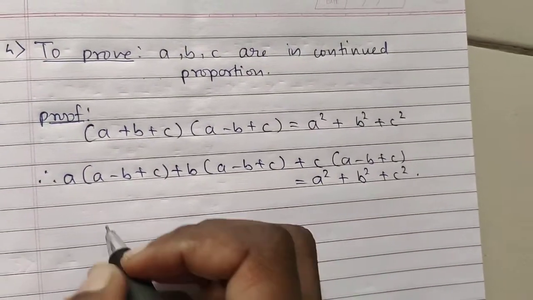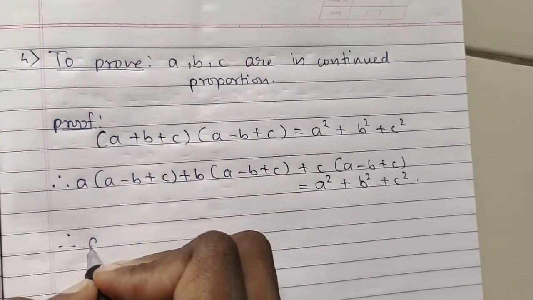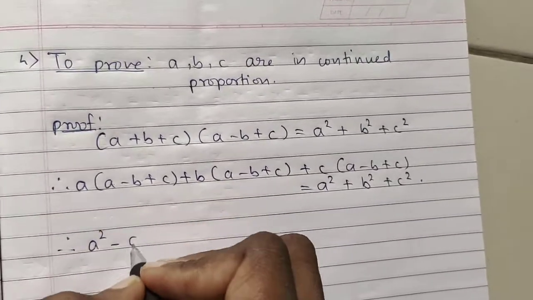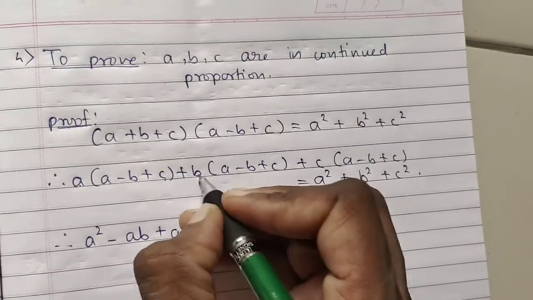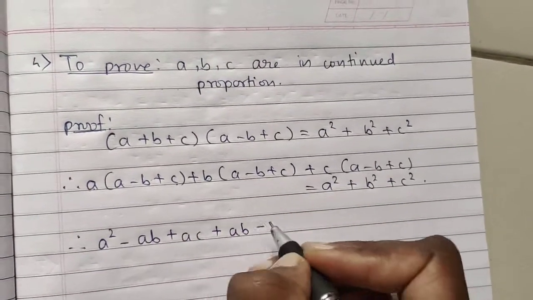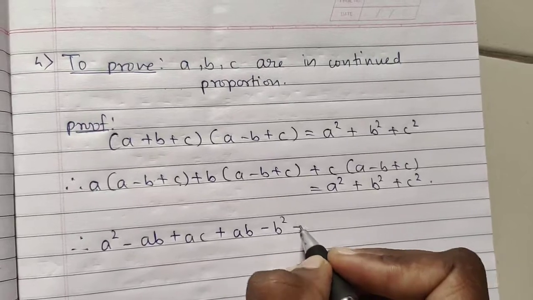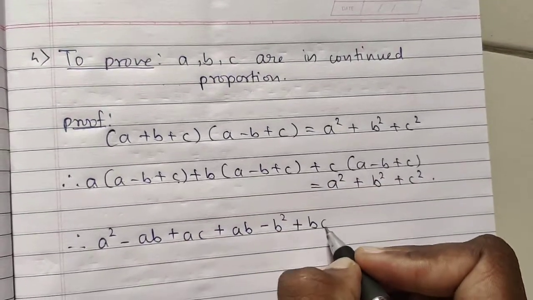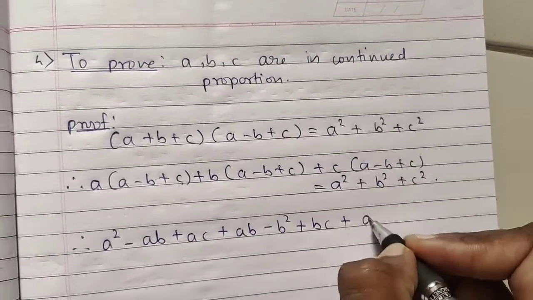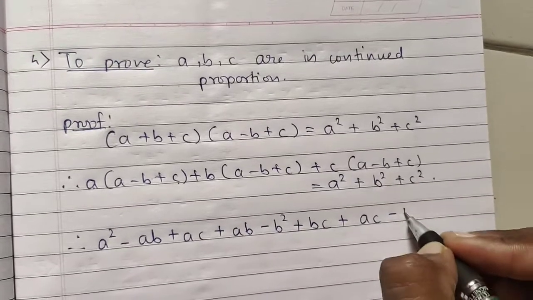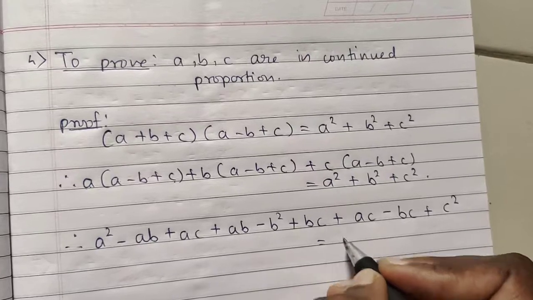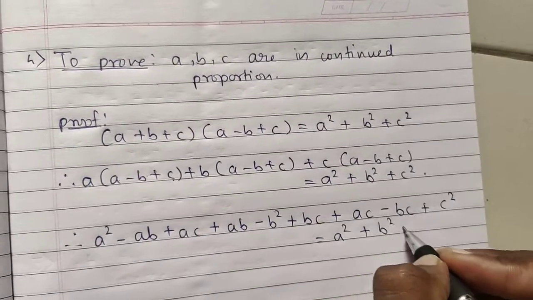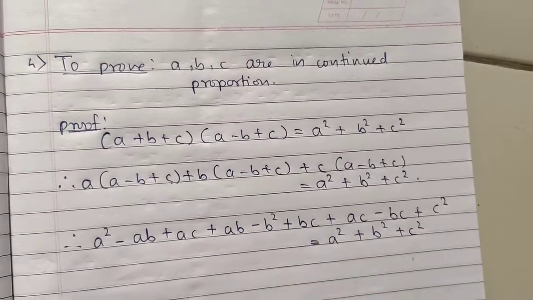Now let us simplify this. A becomes a square minus ab plus ac. We are multiplying up. Ba becomes ab, minus bb becomes b square, plus bc, plus ca becomes ac, cb becomes bc, plus cc becomes c square, equal to a square plus b square plus c square, already there.